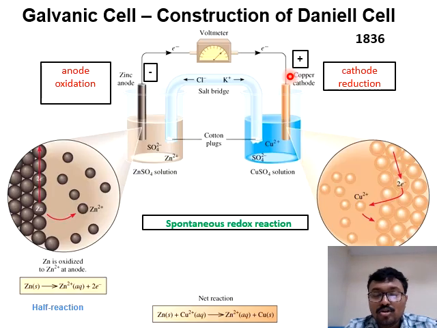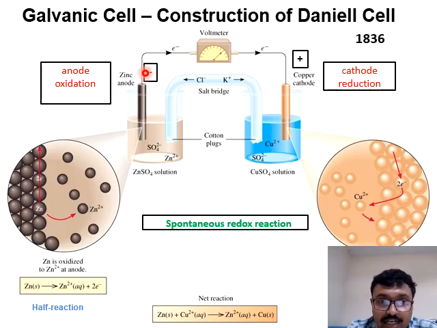Copper 2 plus in solution takes electrons from its electrode and converts to copper, so this electrode will be deficient in electrons. This electrode can be called plus, and this electrode can be called minus.